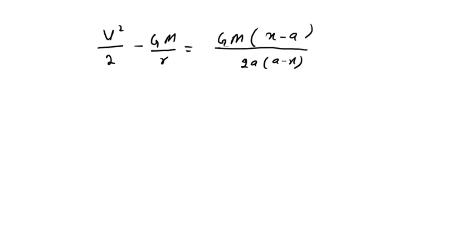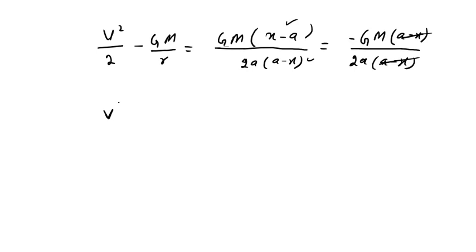Now this is x minus a and this is a minus x, so we can take negative common from the above. So if I take it, GM, this will be (a minus x) divided by 2a into (a minus x). Now this will be cancelled out, so we can say that v squared divided by 2 minus GM divided by r will be equal to minus GM divided by 2a.